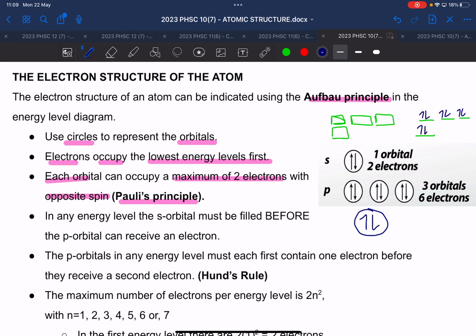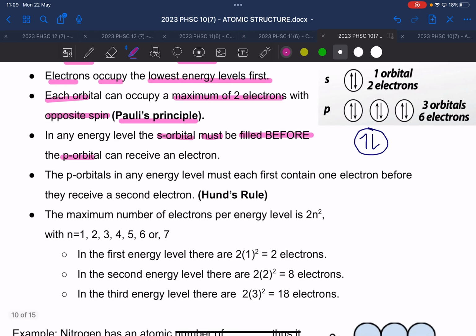Then in any energy level, the s orbital must be filled before the p orbitals can receive an electron. We start with the s orbitals and then the p orbitals.